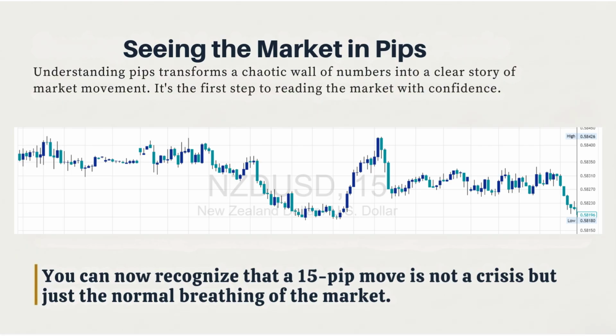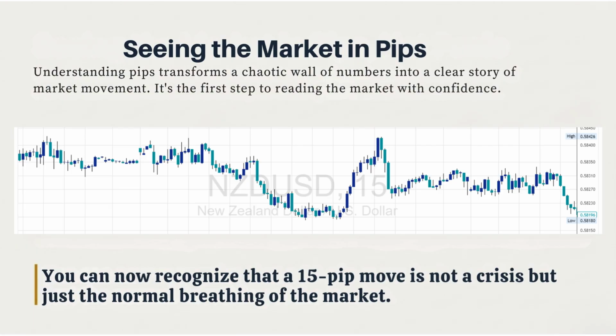Absolutely. When a pair that usually moves 80 pips per day suddenly traverses 120 pips in a single morning, you recognize instantly that a significant anomaly has occurred. Maybe it was a critical economic report, and you can adjust your strategy based on that realization. You are no longer counting decimals, you're interpreting the psychological and fundamental significance of the movement.